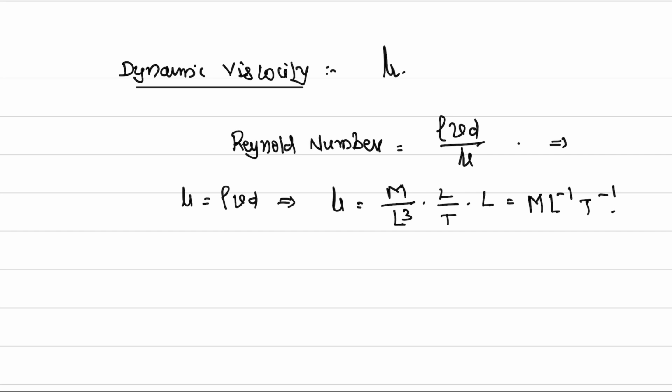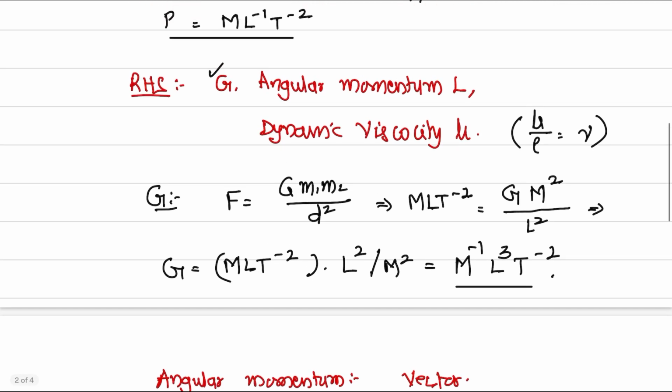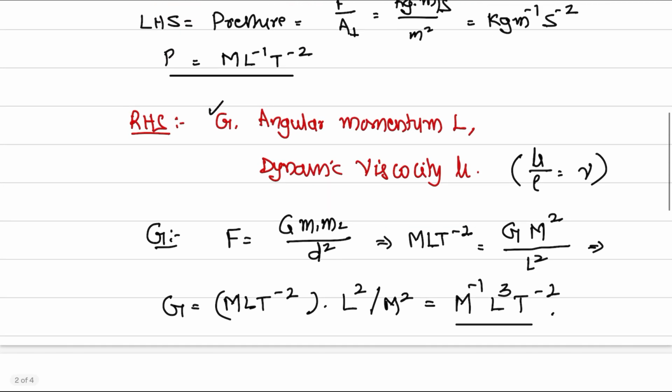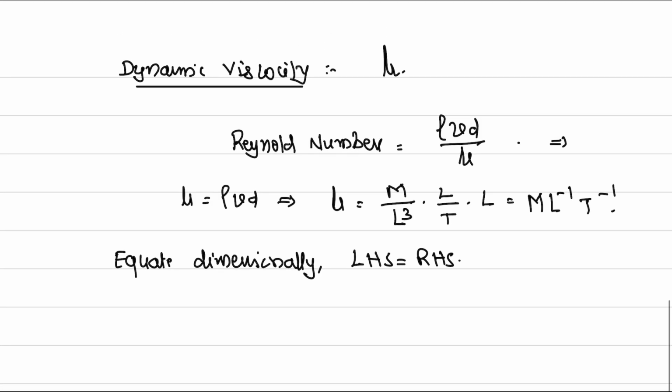Now you just see, equate dimensionally, left hand side is equal to right hand side. Dimensionally we are equating as per the dimensional theorem. What is pressure? Pressure we got as M L to the power of minus 1 T to the power of minus 2.